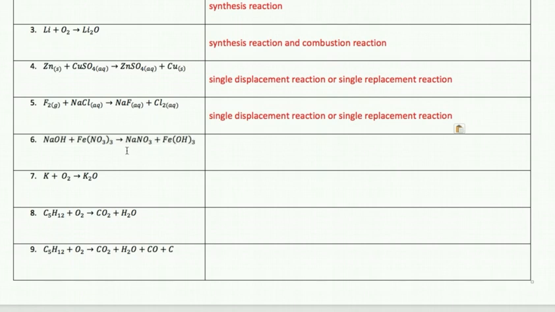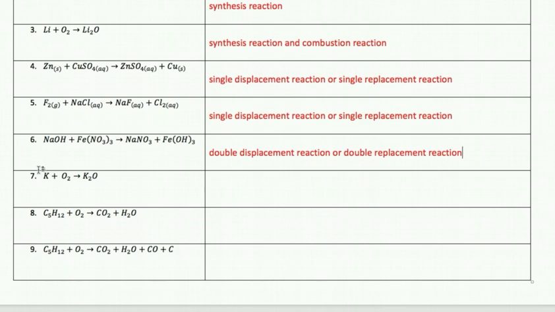Or some people look at it as the polyatomic ions swap places. So either way, 2 compounds came in, they swapped, so this is a double displacement reaction, or some of you might know it as a double replacement reaction.